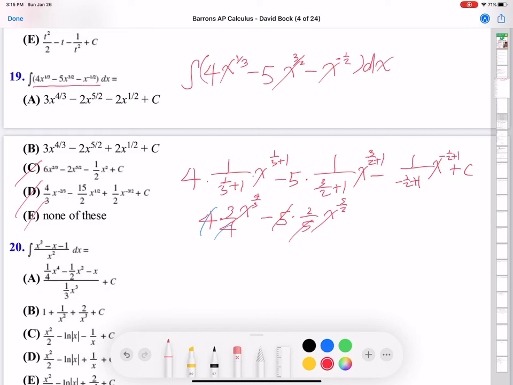What about this part? It is positive 2, right? So negative 2 x to the 1/2 plus c. That's the answer. So which one is the answer? A is the answer.